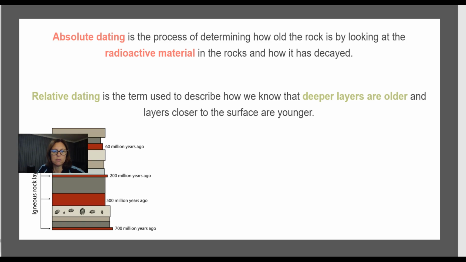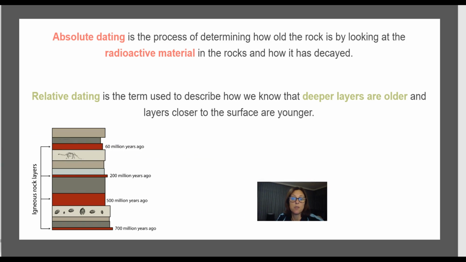Now, when we do this, and I'll move over there, sorry about all this jumping around, we can date those organisms, and there's two different types of dating that we can use, and that's absolute dating, and then there is also relative dating. So absolute, as the name implies, is actually looking at the actual age of the rock, and we do that by our radioactive dating methods, so carbon dating and so forth.